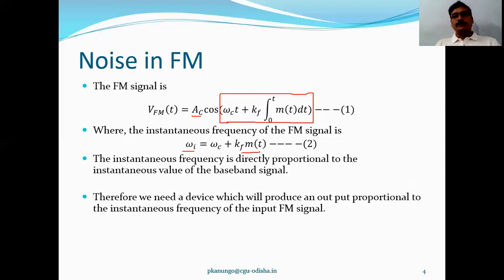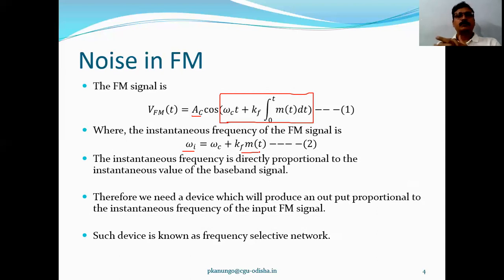Therefore, we need a device which will produce an output proportional to the instantaneous frequency of the input FM signal. What kind of device do we need? I am talking about the FM demodulator.